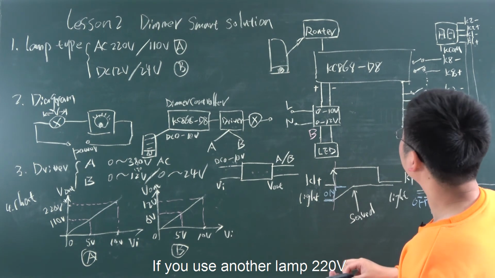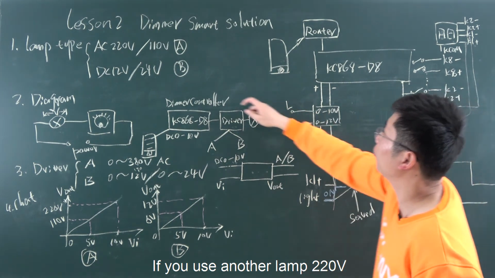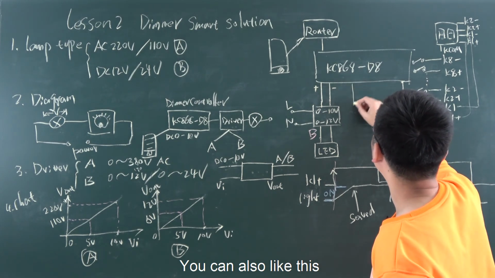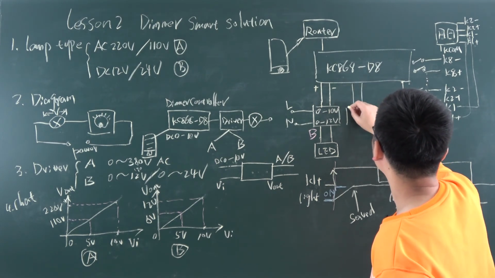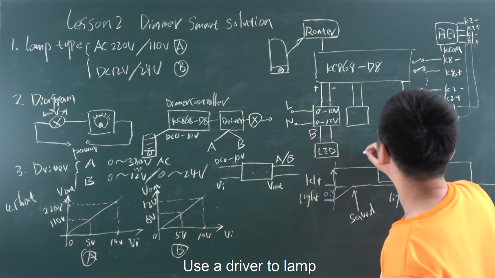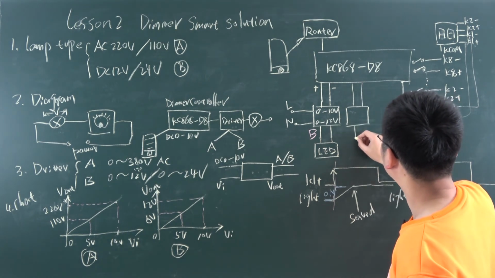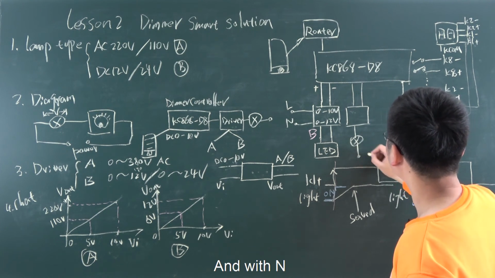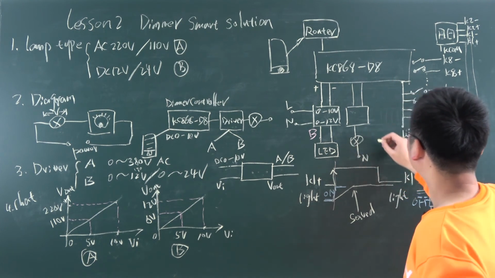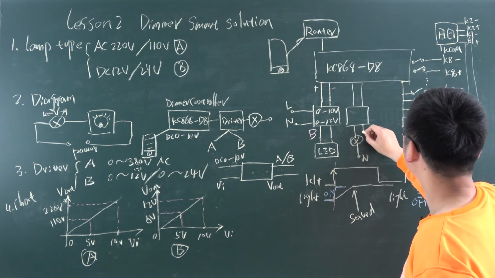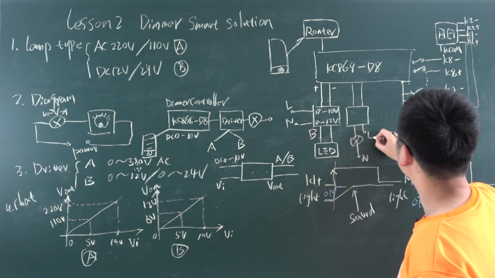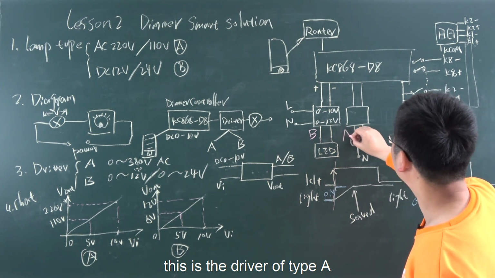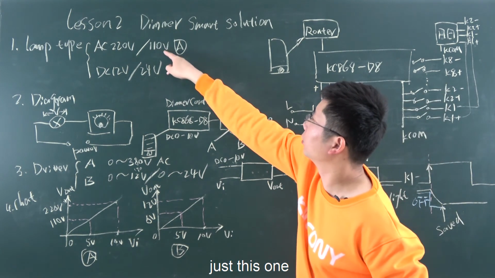Okay, if you use another lamp that is 220 volts, you can also use a driver for the lamp like this. This is the driver of type A, just this one.